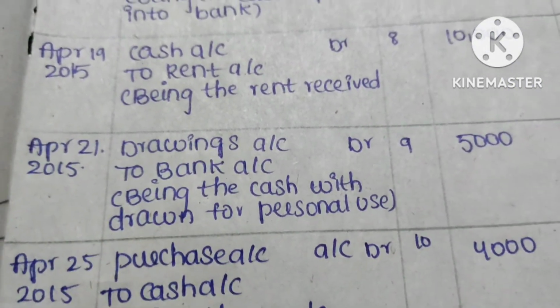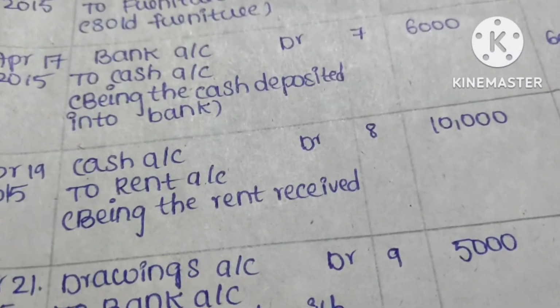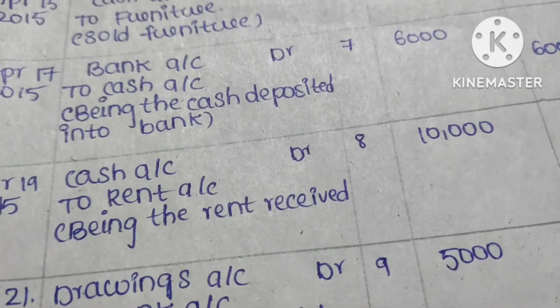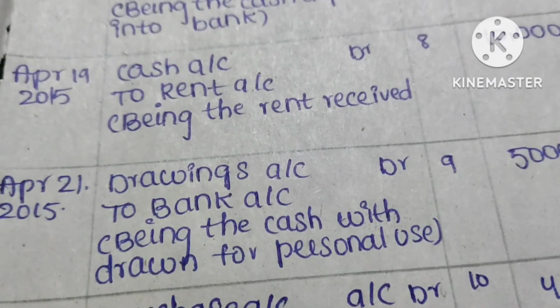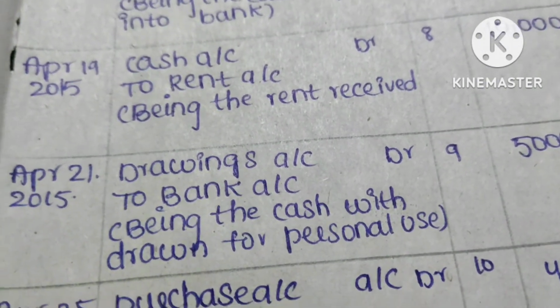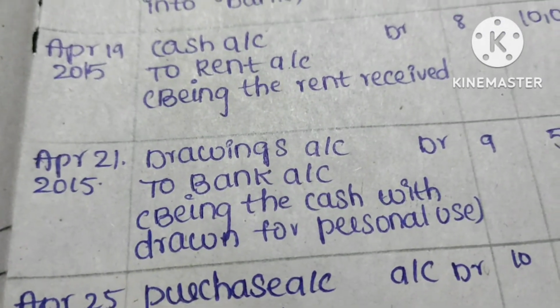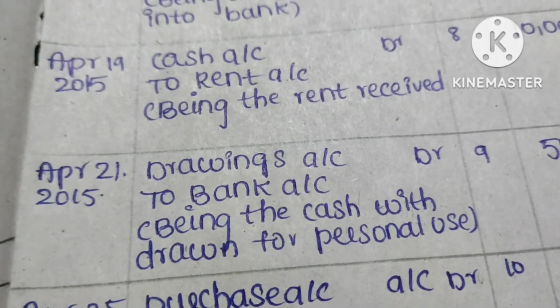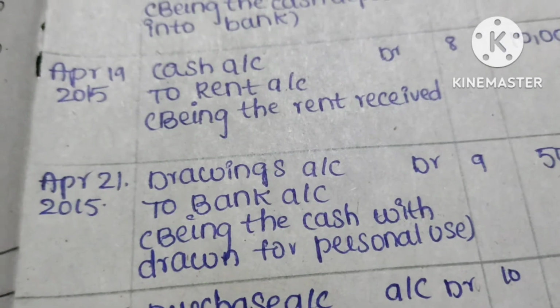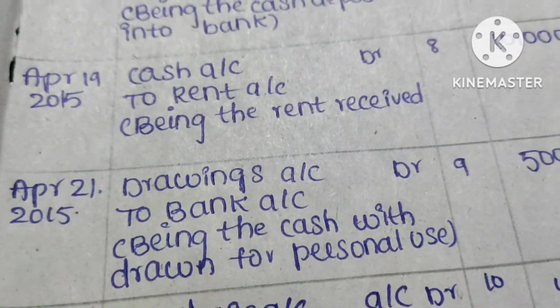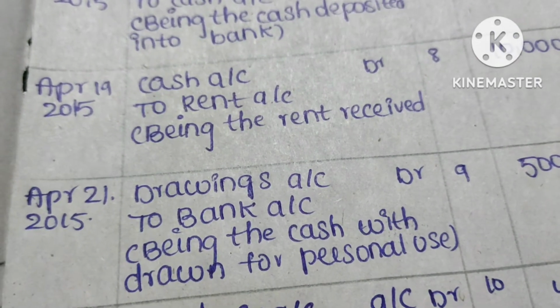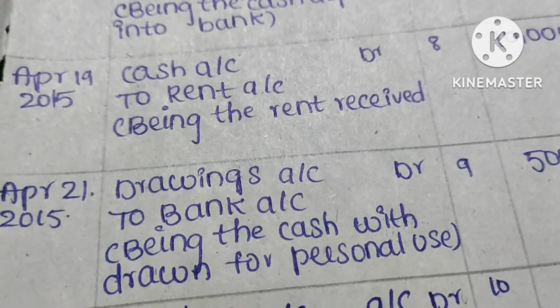Ninth entry. I told you earlier that bank account is debited when we deposit cash into the bank, but here we are withdrawing that cash for our personal use. Withdrawal is of two types, friends: personal use and office use. When we withdraw cash for personal use, we have to write the drawings account.